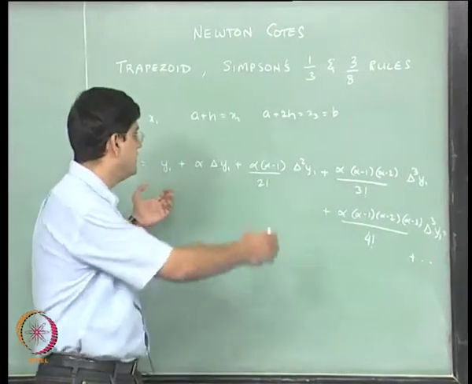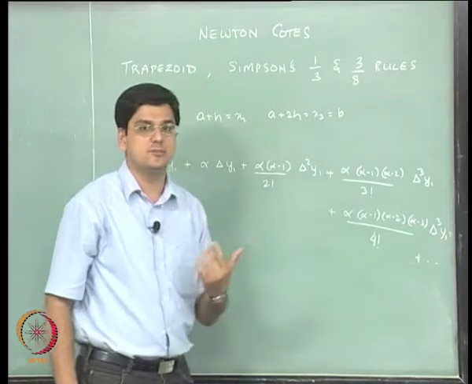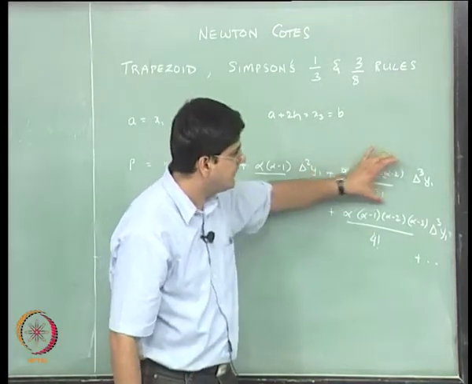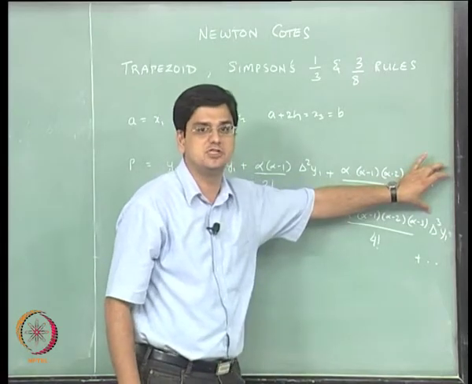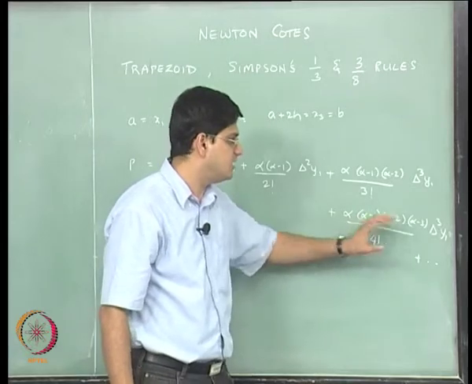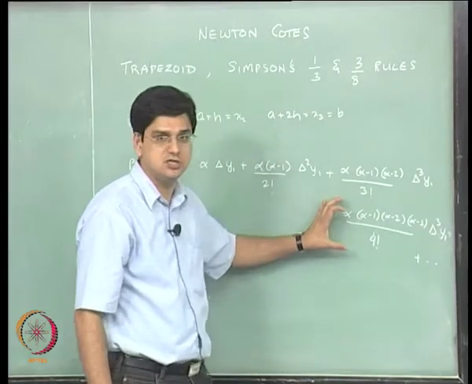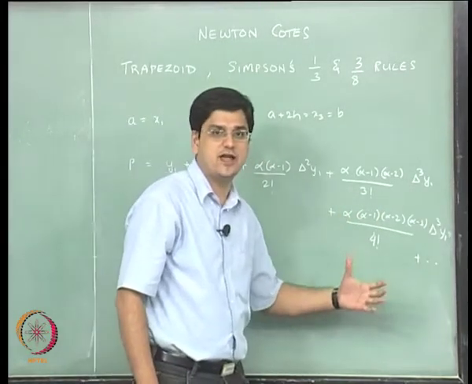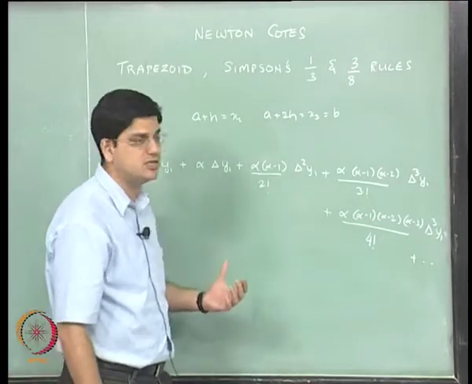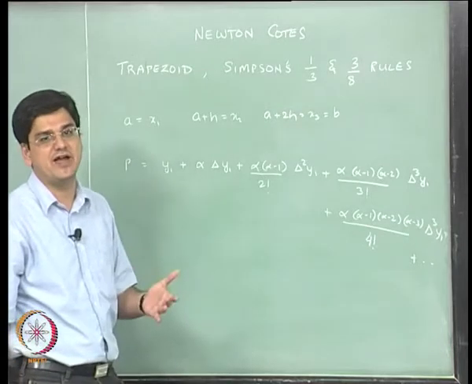What we did was only retain this particular term. What I am going to show today is that in the Newton's 1/3 rule, in fact this term also disappears when we actually do the integration, and the leading term that gets left is this term. This term is h to the power 4 accurate. So when you integrate it, you will get Newton's 1/3 rule as h to the power 5 accurate.